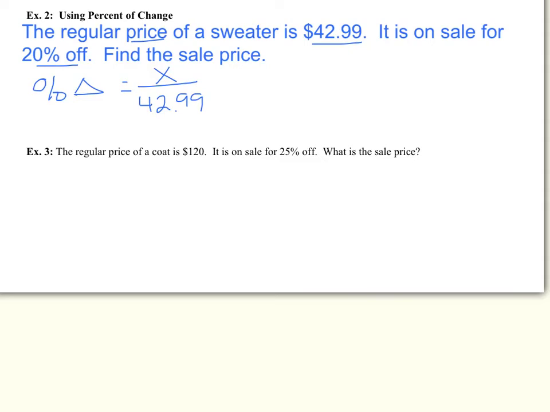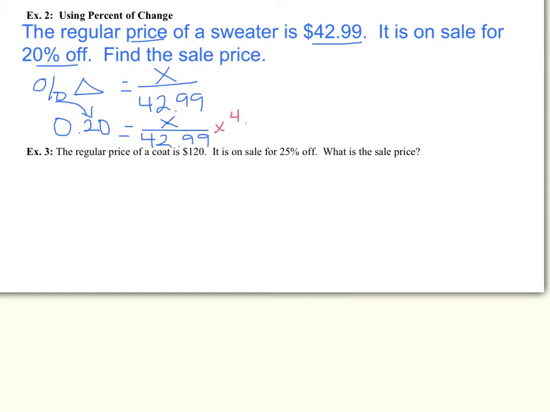The percent is going to be 20, so I'm going to put 0.20. So I'm writing my percent as a decimal, because remember up above, that's how it always showed up on our calculator. So I want to use the same thing there. So I have my unknown, or my amount of change. All right, here I need to solve this equation.